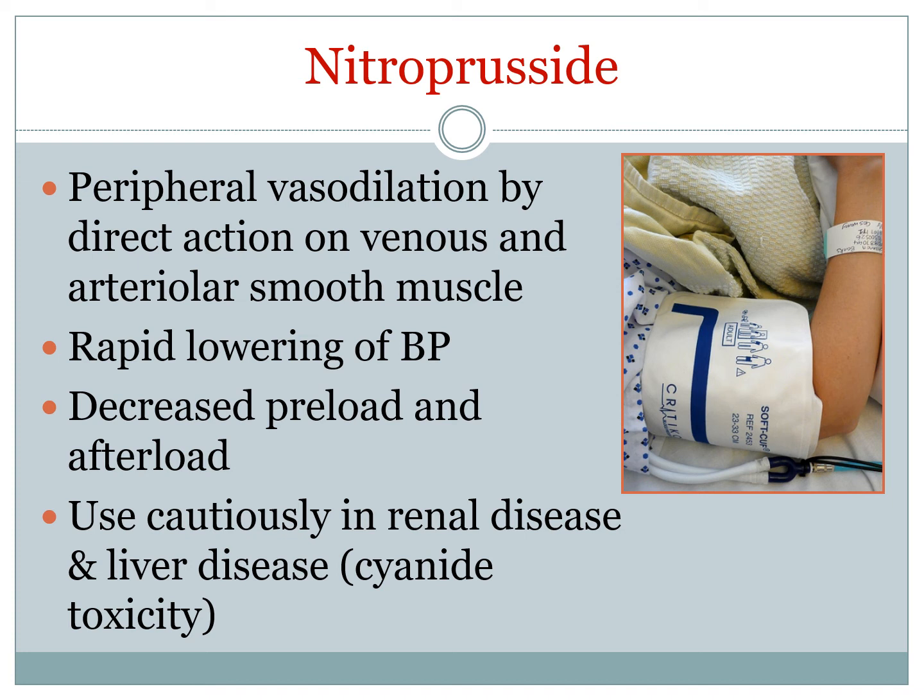Now, this medication may produce cyanide poisoning if they have high dose intravenous therapy, which is greater than 10 micrograms per kilogram per minute, but also if it's prolonged administration.